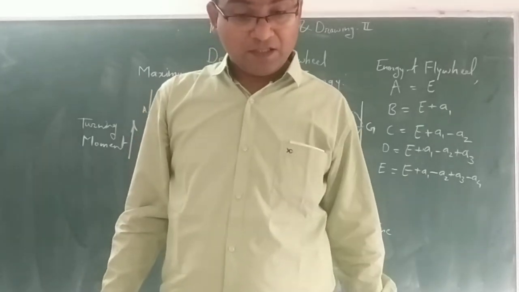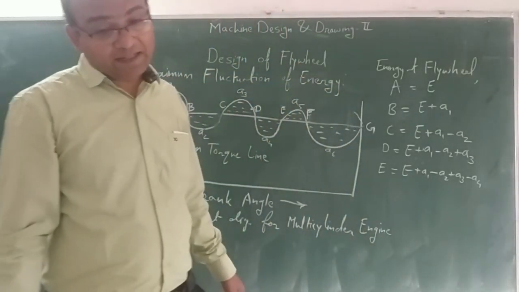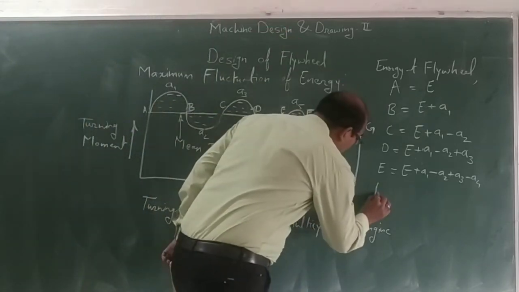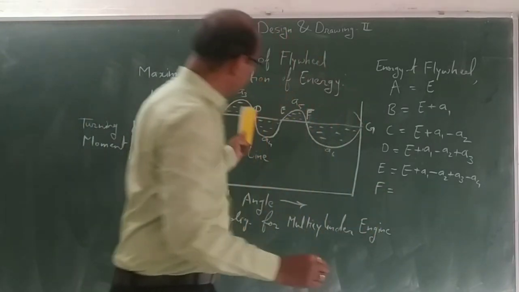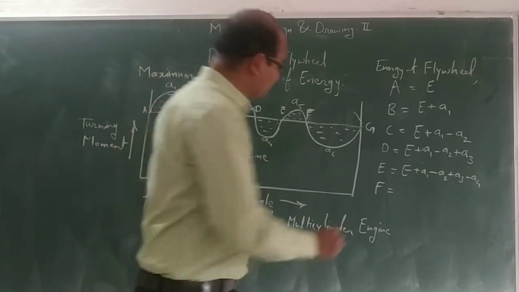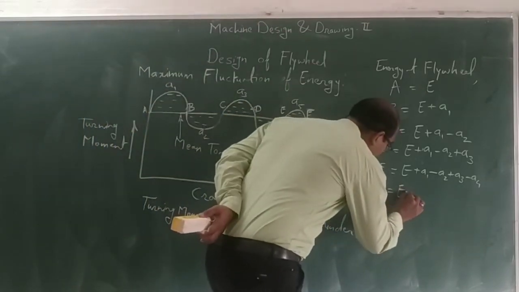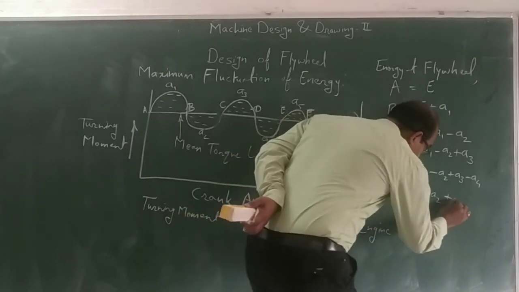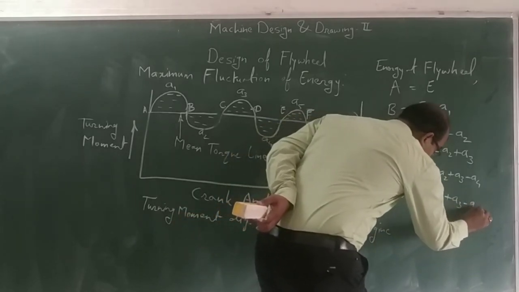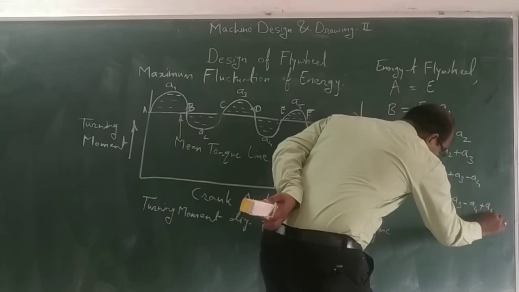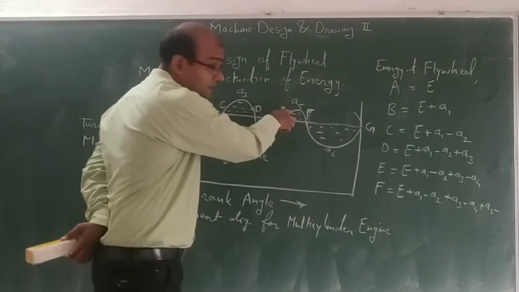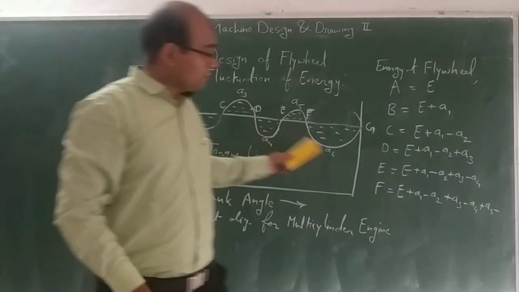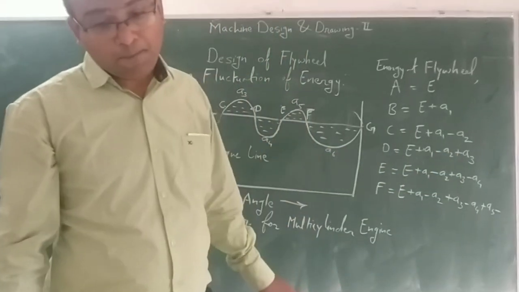As like that, energy at flywheel F, that is E plus A1 minus A2 plus A3 minus A4 plus A5. This A5 shows the positive loop, so you can add your A5.